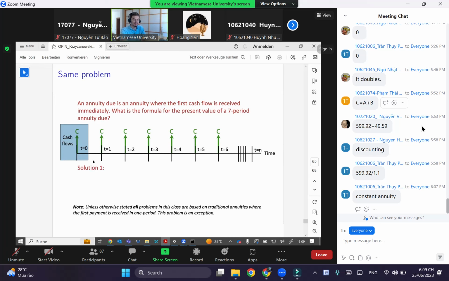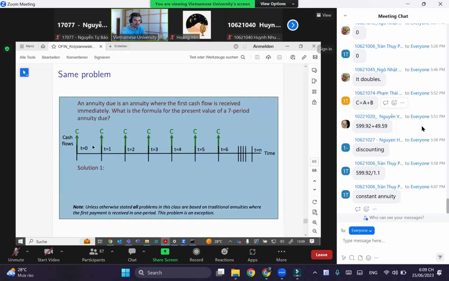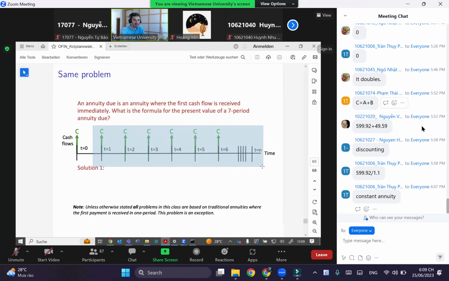The present value here, because we start at period 0, can be calculated by the value of the constant annuity plus the initial constant payment.